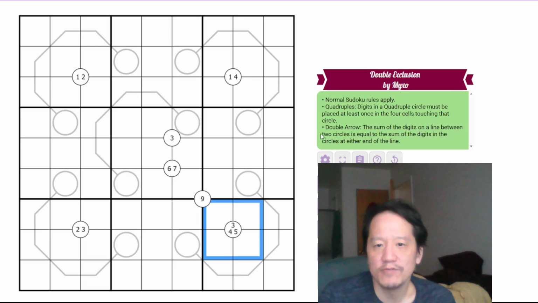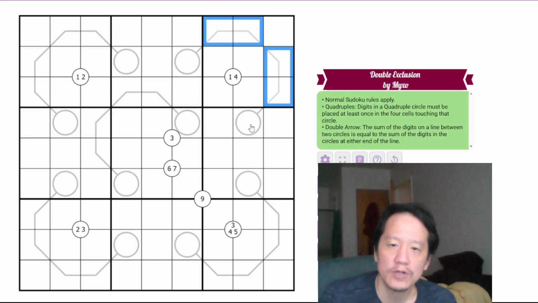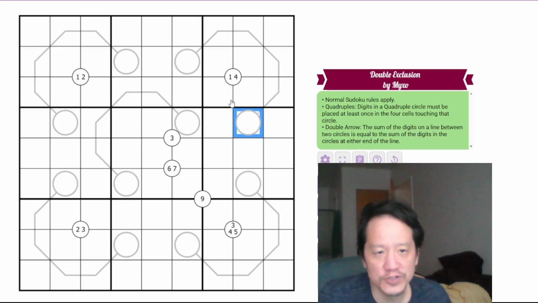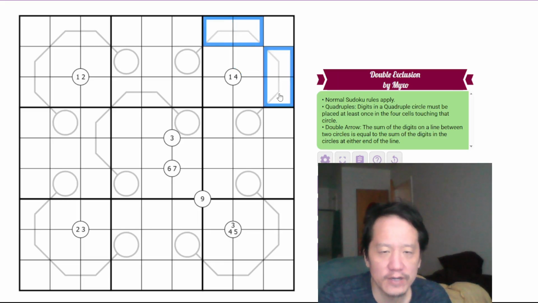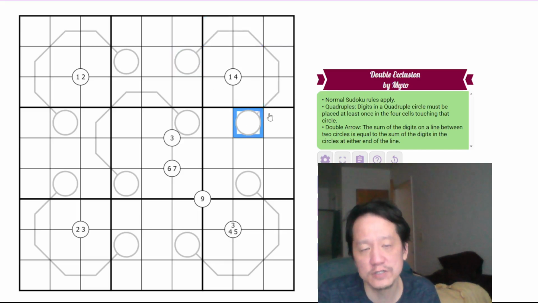We also have double arrow, where the sum of the digits on the line between two circles is equal to the sum of the digits in the circles at either end of the line. So for example, these 4 digits must sum up to what these 2 digits sum up to.